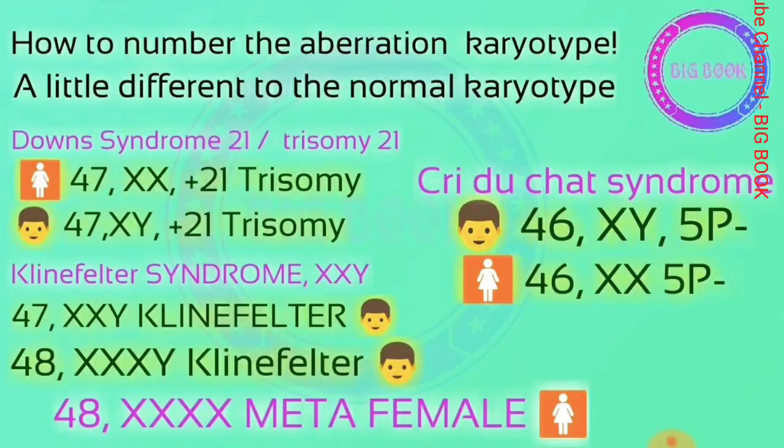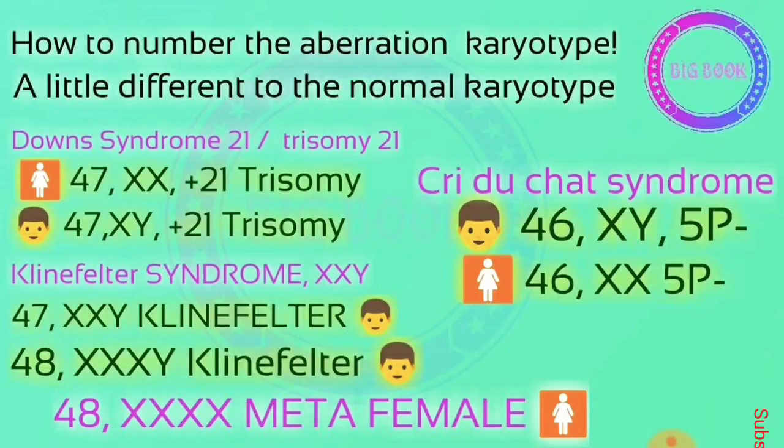So here, if it is 47 XXY Klinefelter syndrome, or 48 XXXY Klinefelter syndrome, or 49 XXXXY Klinefelter syndrome, let it be 2XY, 3XY, or 4XY Klinefelter syndrome, the individual will remain male.